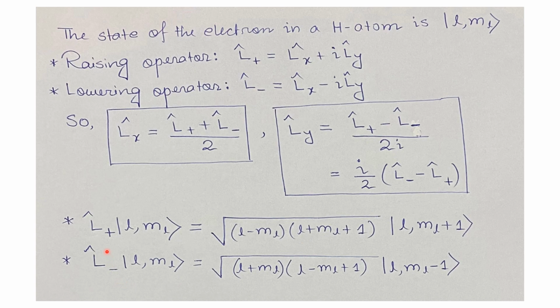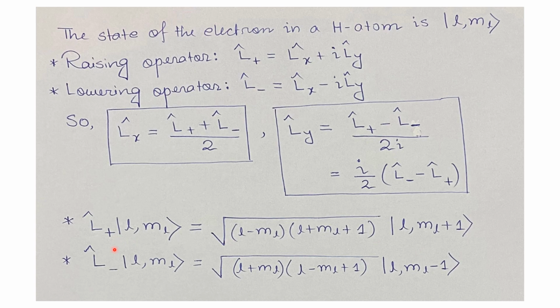Now when this L plus cap operator acts on this state |l, ml>, it will give the value root over (l minus ml) times (l plus ml plus 1), with this state |l, ml plus 1>. So basically this operator L plus acting on this state |l, ml> will raise the value ml by 1.